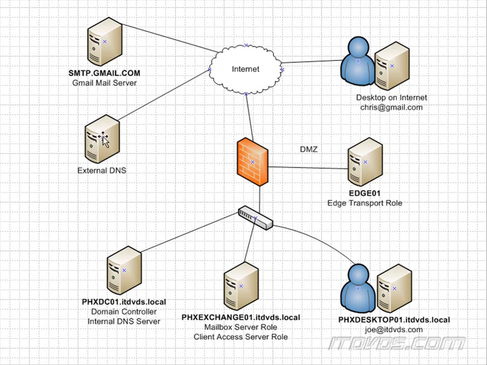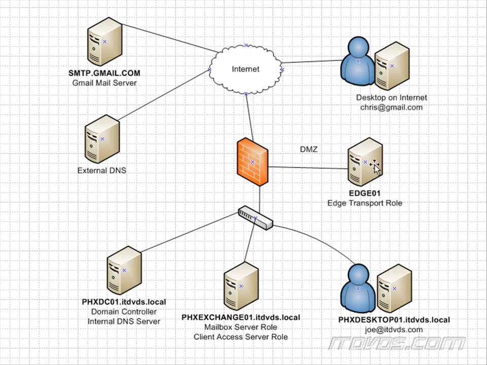And the mail.itdvds.com record that was on our external DNS server would resolve to an IP address that was translated on our firewall to the internal IP address of Edge01 here. The mail would then be sent to Edge01, and then Edge01 would have the internal IP address of PHX Exchange 01 configured as where to send the mail to once it gets it.